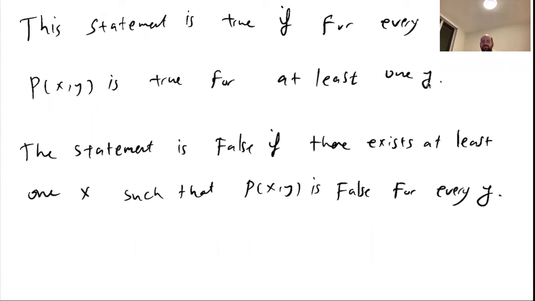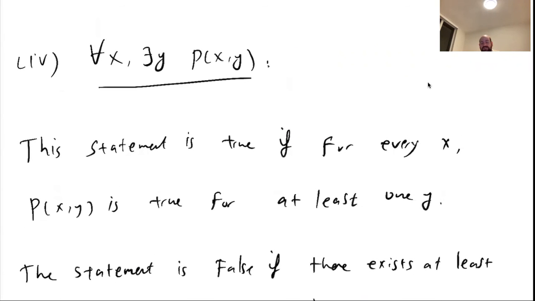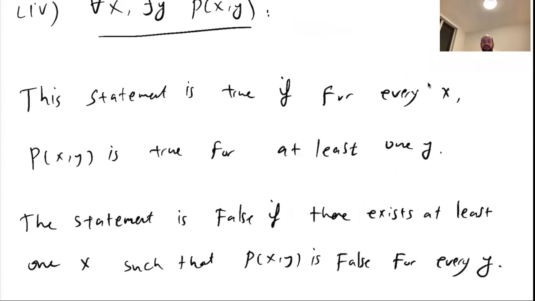So in the context of classes, if we say for every class there must exist at least one student with good GPA, it will be false if there exists at least one class that is very weak, in the sense that no student with GPA bigger than 3.6 is present in that class.